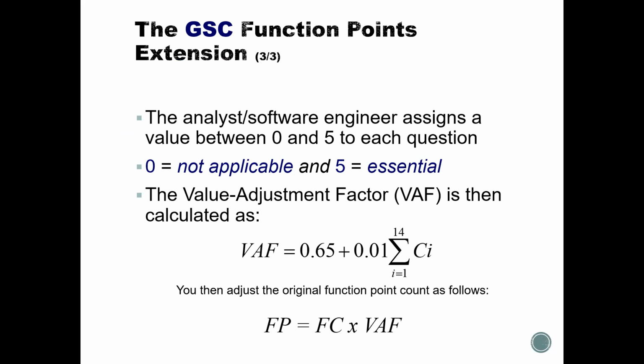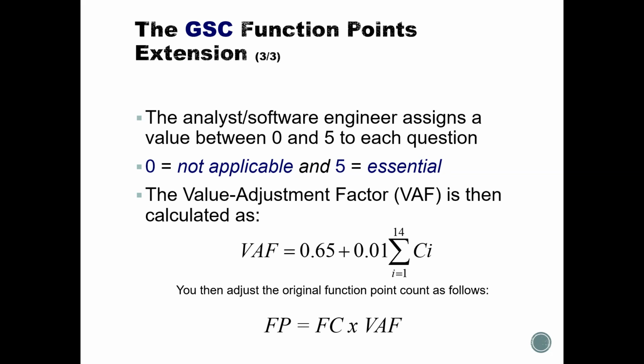And how does this work? For each of the 14 parameters, the analyst or software engineer assigns certain values, which range from 0 to 5, where 0 means not applicable and 5 is essential. Then we have a notion called the value adjustment factor, which we calculate, and the formula is 0.65 plus 0.01 times the summation of Ci.